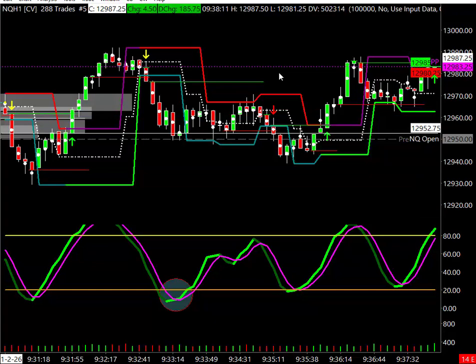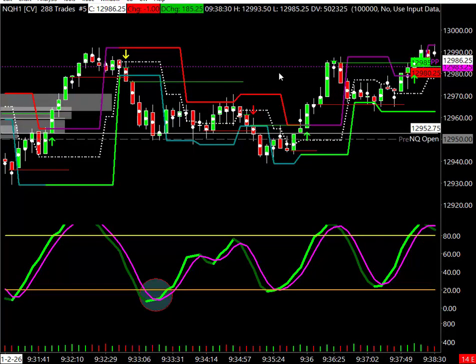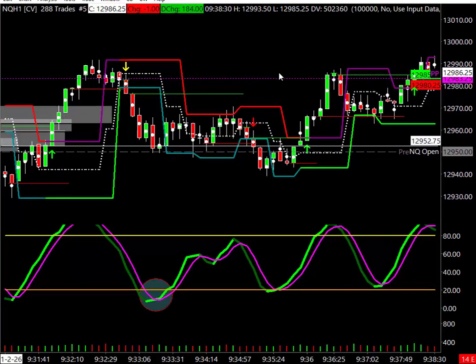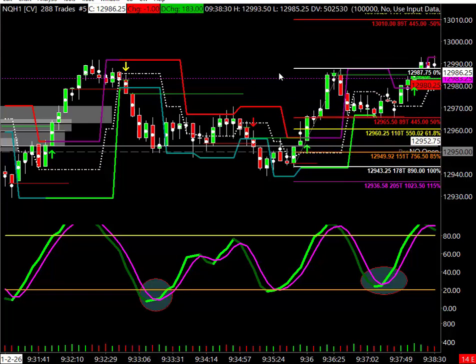Now, yes, indeed. Notice even the next setup at 937 here. We measured the next swing point pullback on our support and resistance, got our perfect 500.